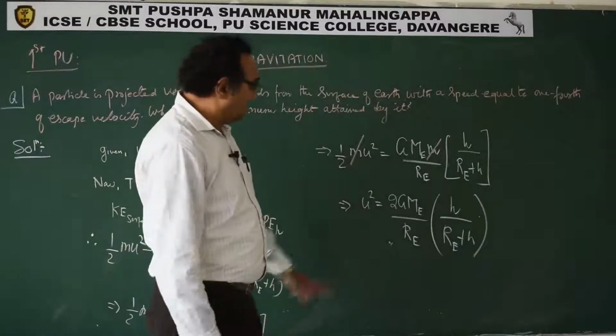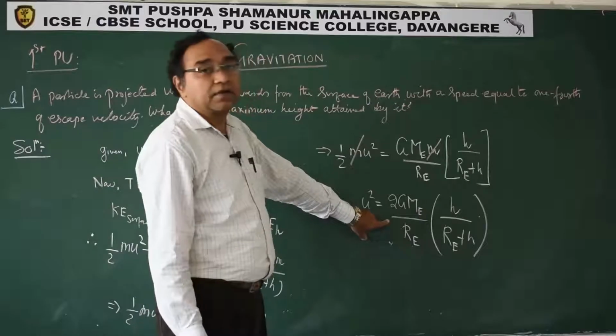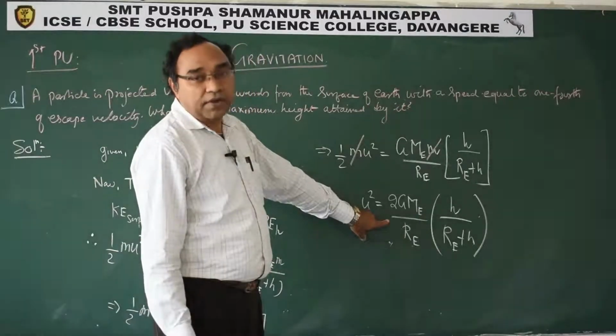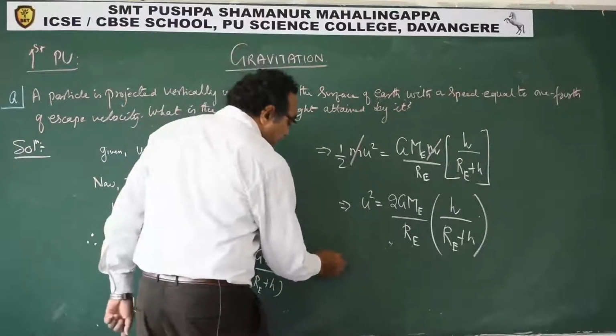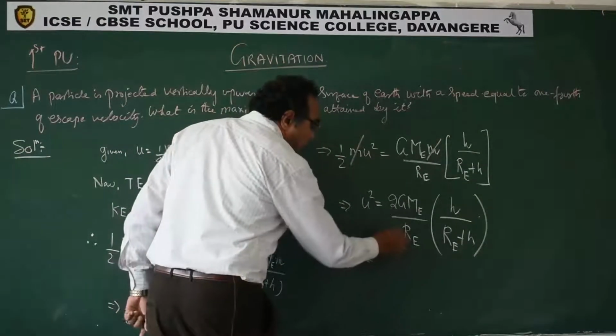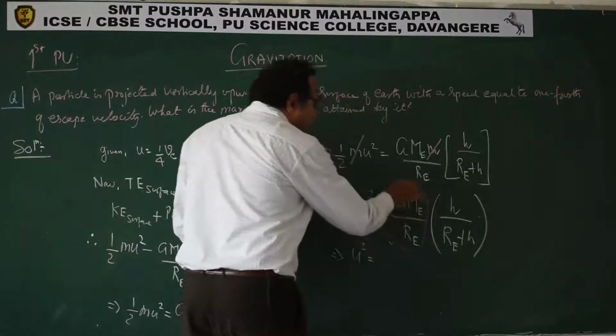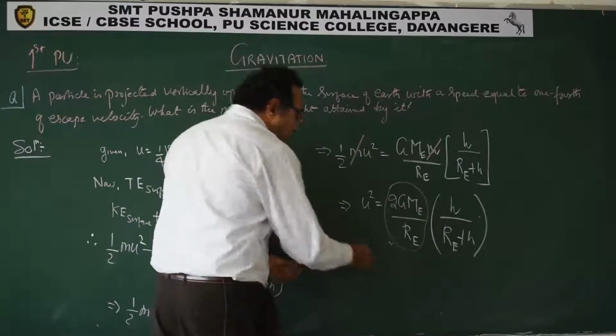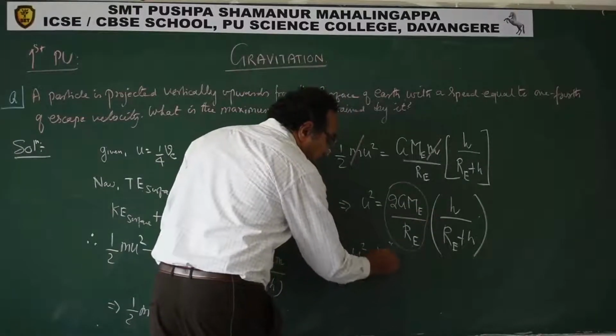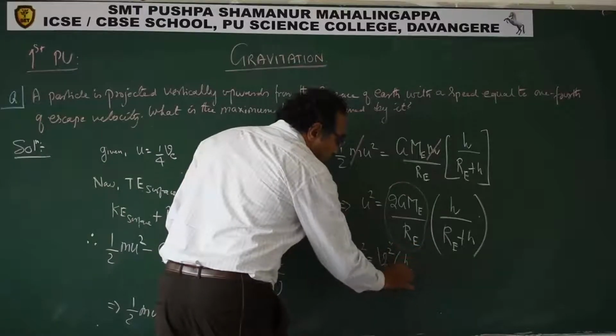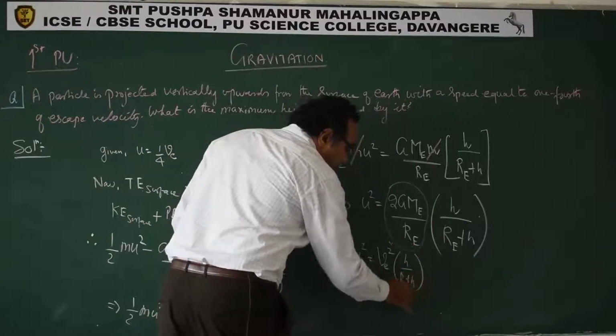Now we know that this is nothing but square of escape velocity. So we can say u square is equal to this entire thing. This is the square of escape velocity. I can write it as Ve square into h by Re plus h.